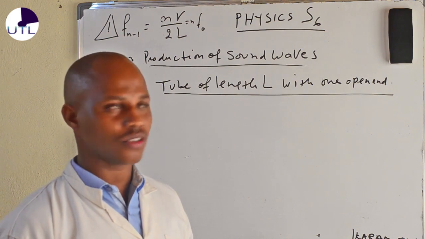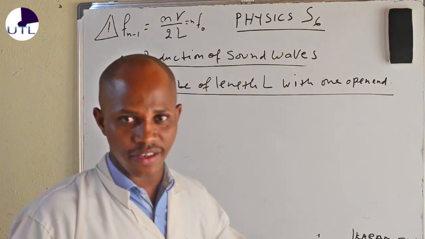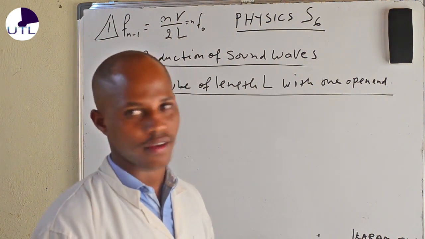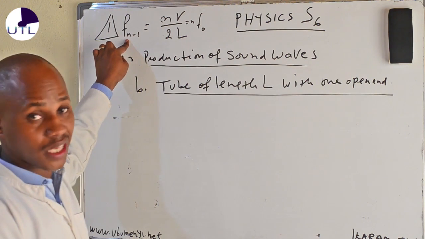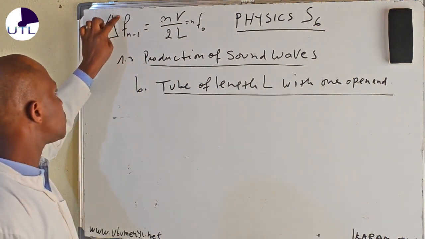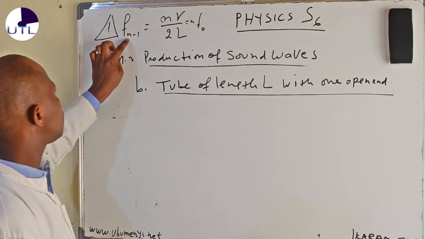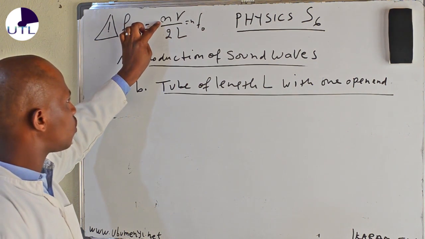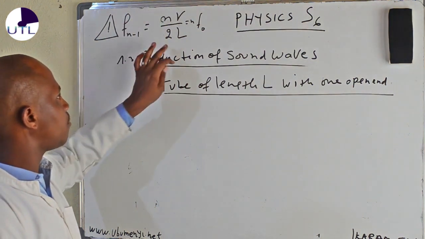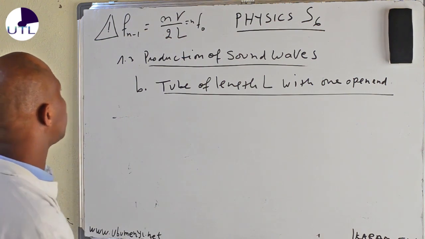In the previous lesson, we saw the case of a tube with two open ends. To know the frequency in that case, the frequency of the nth overtone is equal to the number of overtones times the speed divided by 2 times the length.